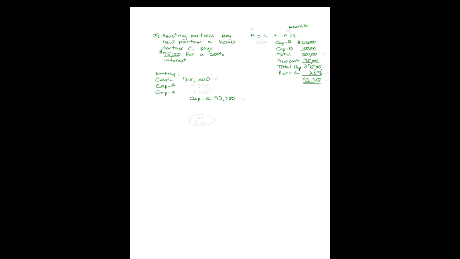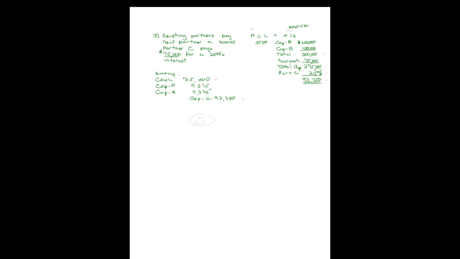And remember, 50-50 was their sharing of profits and losses. 50% of the difference will have each one absorbing $9,375. That's the difference between $75,000 and $93,750.